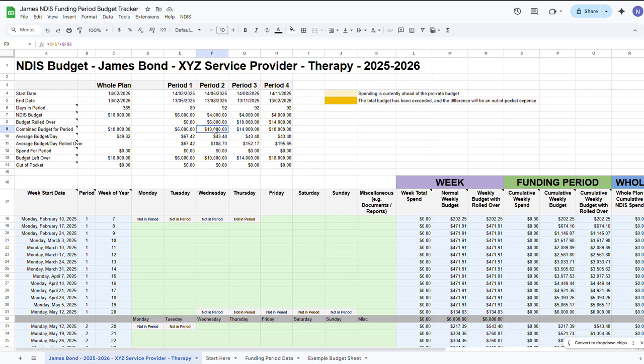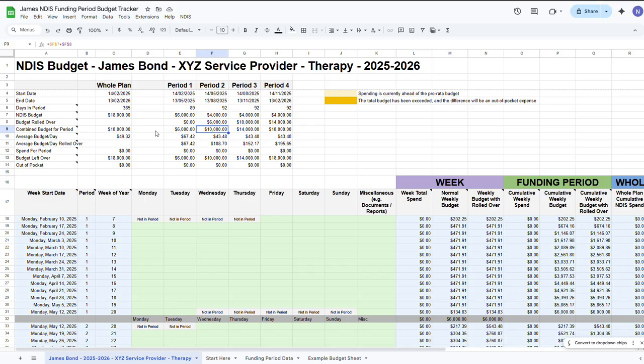So in period 2, because I had originally $4,000 and I haven't yet spent anything in period 1, so it's thinking that $6,000 would be rolled over, it means that $10,000 could be used in period 2 if I don't spend any money at all in period 1.